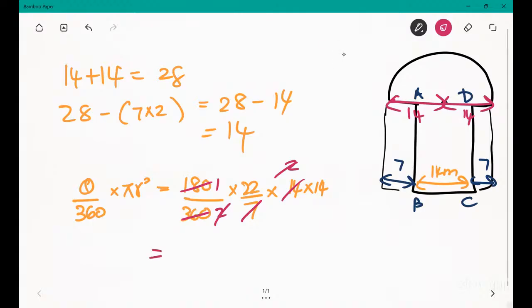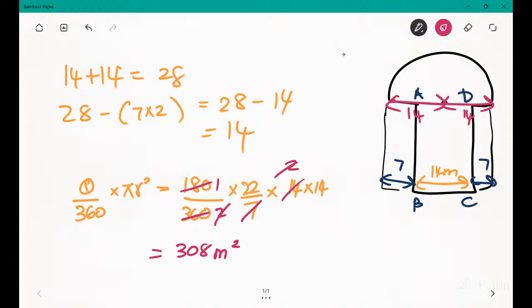Now here, don't forget the unit. 308 meters squared, because it's an area. That's very important. If you just put 308 meters, it's wrong. It has to be meters squared because here we're finding the area.